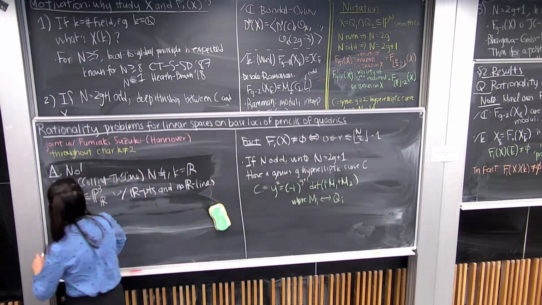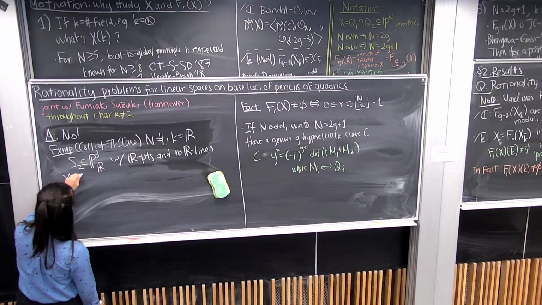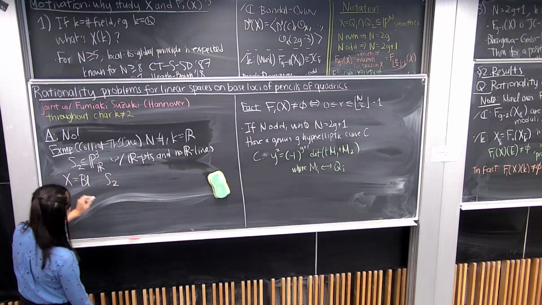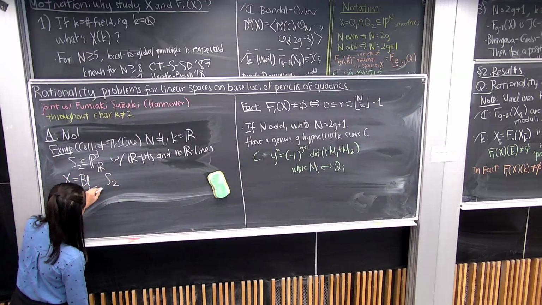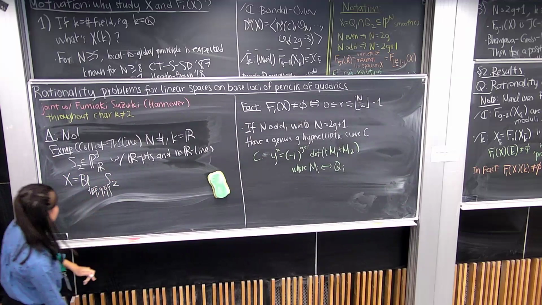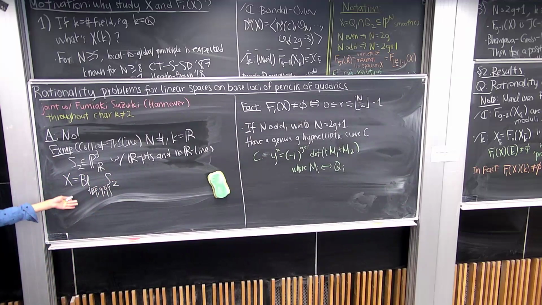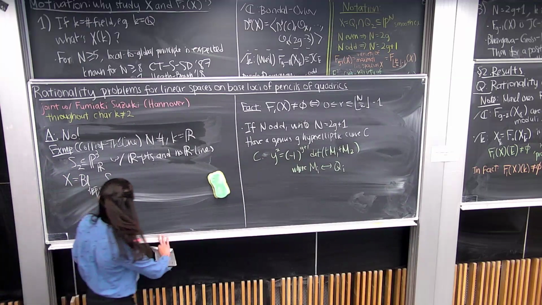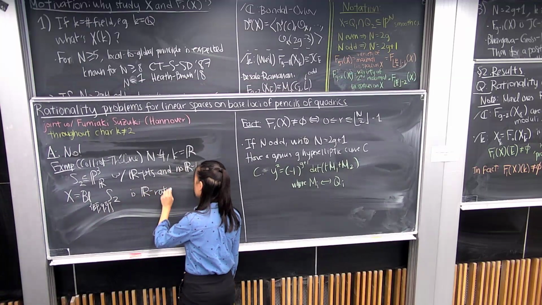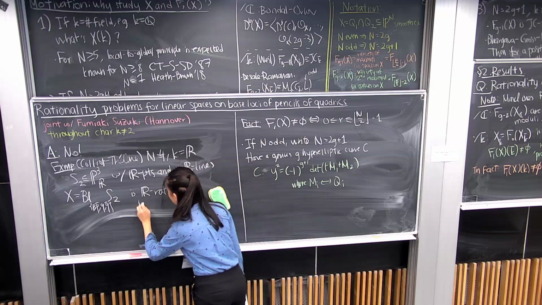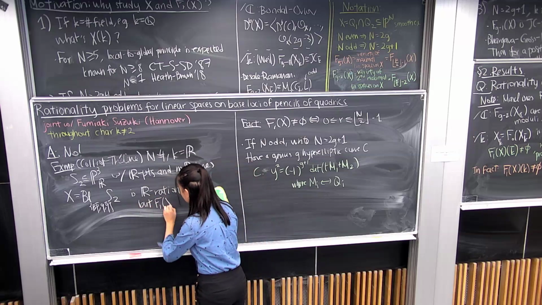Then you take X to be the blow-up of this quadric surface along a complex point, its complex conjugate, another complex point, and the complex conjugate of this other point. So this is a degree 4 del Pezzo surface, and it embeds as an intersection of two quadrics. This is R-rational because S is rational, but it has no real lines.